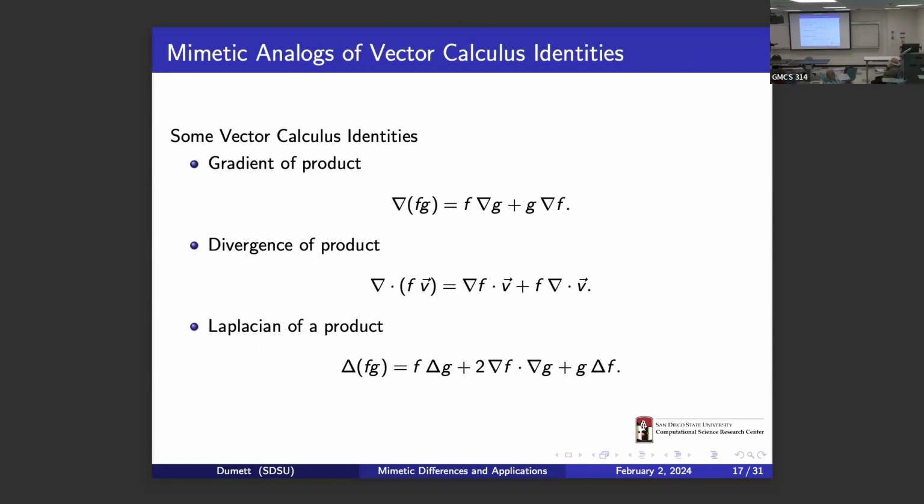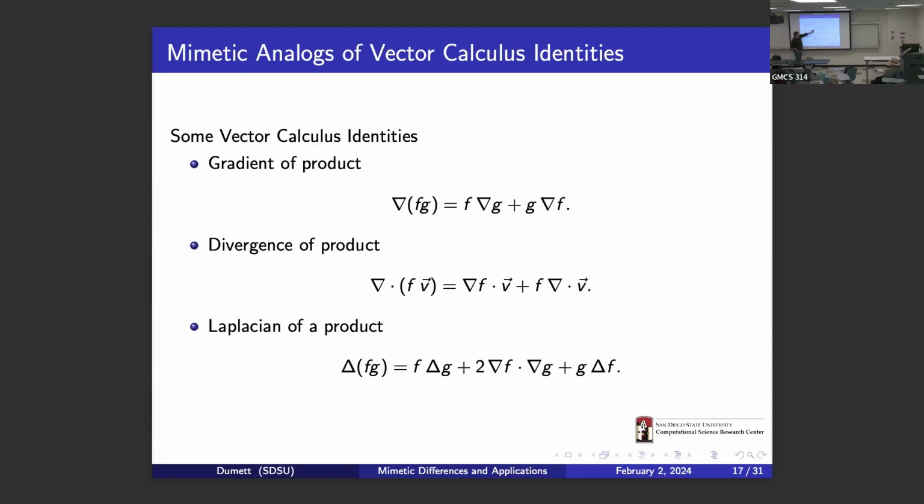Using these properties that we have found and the construction of these 2D and 3D operators, we were able to prove several identities from vector calculus. I wouldn't say all of them because we didn't try all of them, but whatever we tried, we were able to prove. And so at least 12, 15 identities.